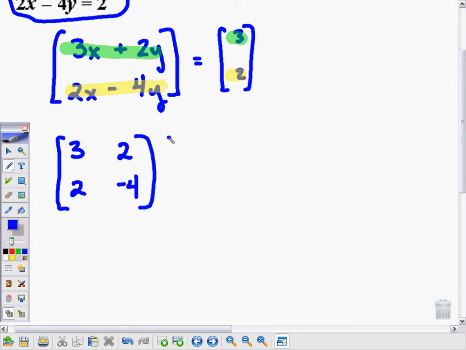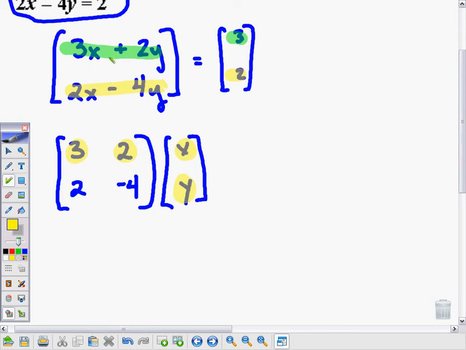And then the unknown matrix. Let me pause a moment before finishing this off and explaining how this works. If I was to remultiply this out, I would get 3 times x plus 2 times y.